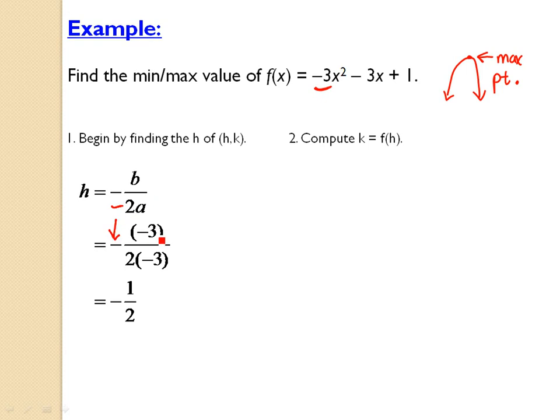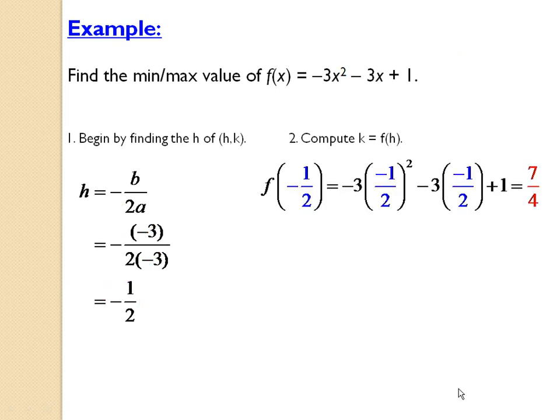It's negative 3, divided by 2 times a negative 3, because a is also negative 3. Once you simplify this, you can see that these 3's cancel out, you still have a 1 at the top, so the answer is negative 1/2. Computing k, all you have to do is plug that negative 1/2 back into the original function, and we get 7/4. So therefore the maximum point is (negative 1/2, 7/4).